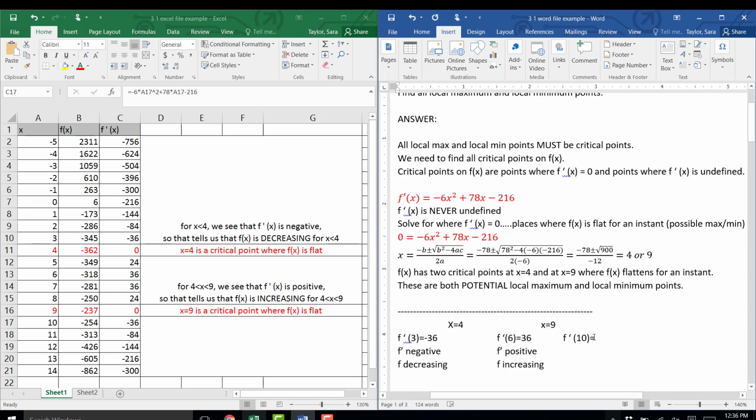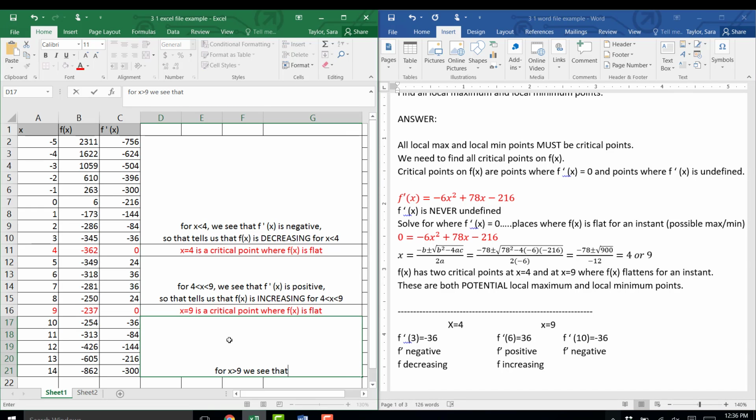What I'm really interested in is that f prime is negative on this interval. So for x greater than 9, we see that f prime of x is negative. So that tells us that f of x is decreasing for this interval where x is greater than 9.